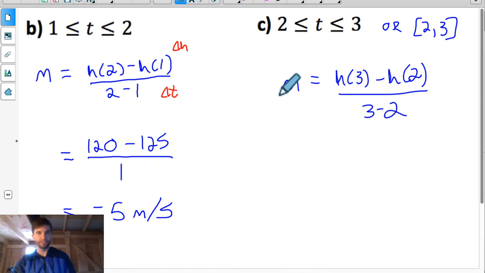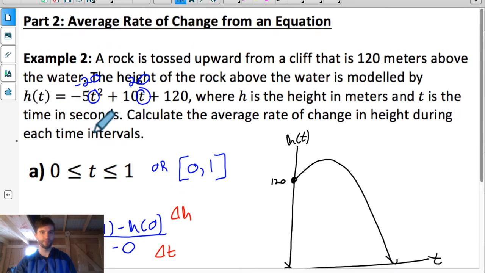Okay, let's calculate h at 3 and h at 2. Well, I know h at 2. H at 2 is 120. Now I just need to figure out what's h at 3. So if I plug 3 in for these t values, negative 5 times 3 squared, well, that's negative 5 times 9, so that's negative 45, plus 10 times 3, so that's 30.